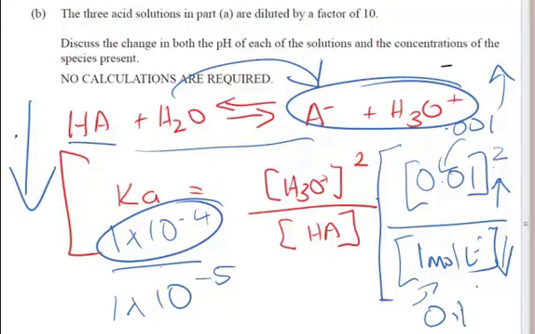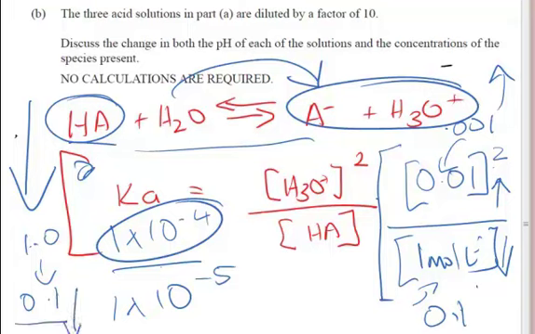Now just to get this straight in your head, realize what we're talking about is we're still diluting this by a factor of 10. So if we went from 1 mole per litre to 0.1, it would respond to this change by decreasing it even further to whatever value, but a value less than 0.1.